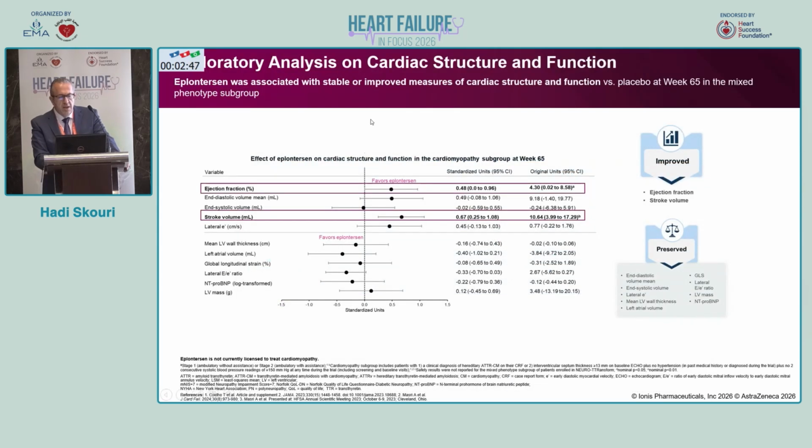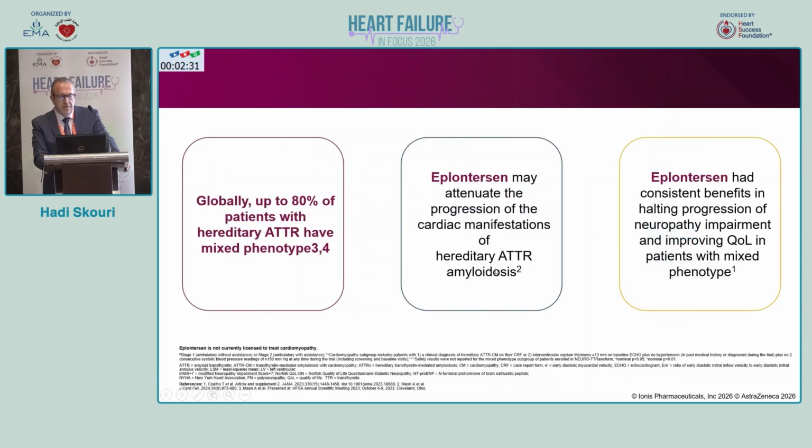In addition, there was a favorable improvement in ejection fraction and stroke volume in patients on eplontersen compared to placebo in this population, but there was only preservation of the other diastolic and echocardiographic parameters. So globally, up to 80% of patients with hereditary ATTR have a mixed phenotype.